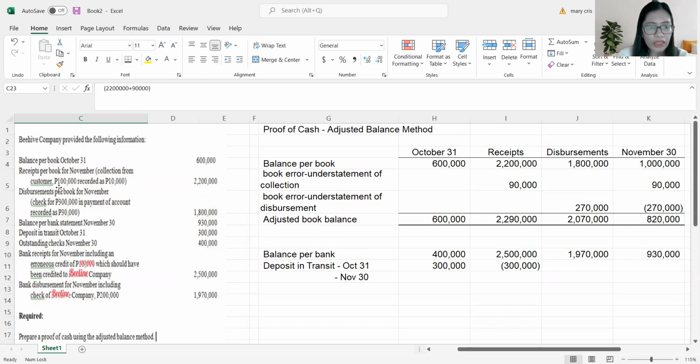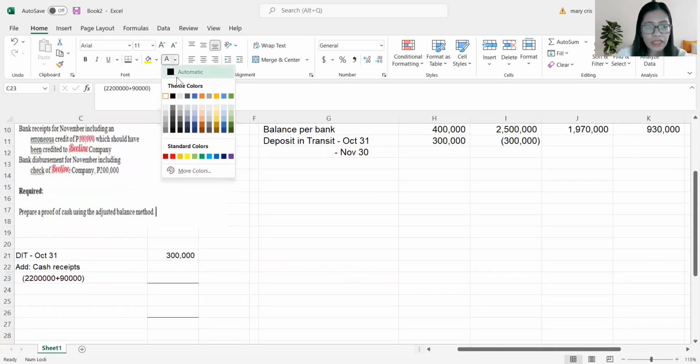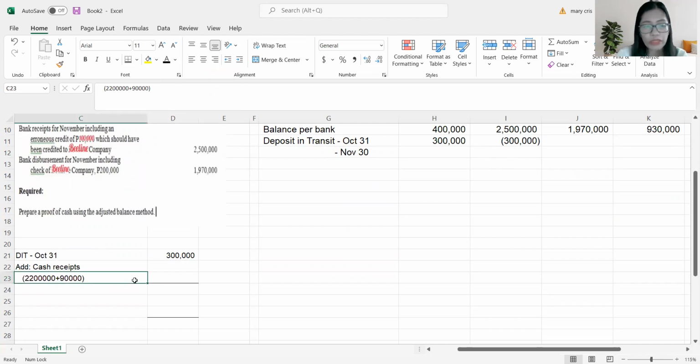However, take note that there was an error made by the book wherein kulang siya, imbis kay 100,000 ang ni-record niya na collection from a customer, ang ni-record lang niya ay 10,000. So take note, itong 2.2 million, ang na-integrate lang is ang 10,000. So, kulang ito ng 90,000. So, mag-anticipate tayo na ang i-deposit talaga ng entity sa bangko would be this much, na 2,200,000 plus your 90,000.